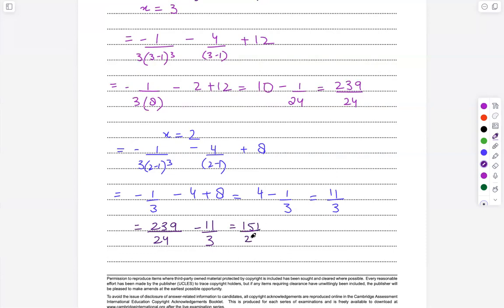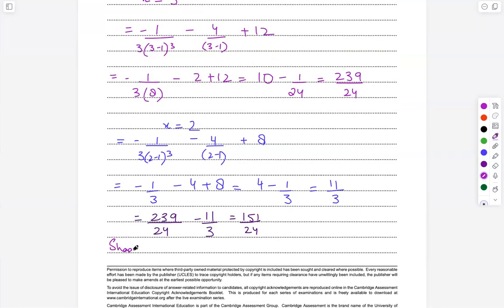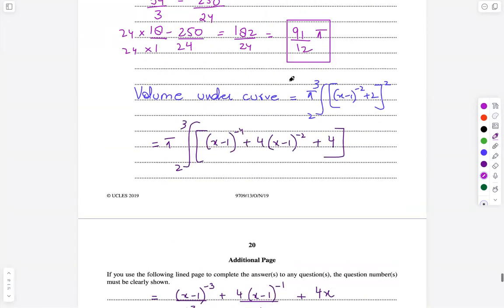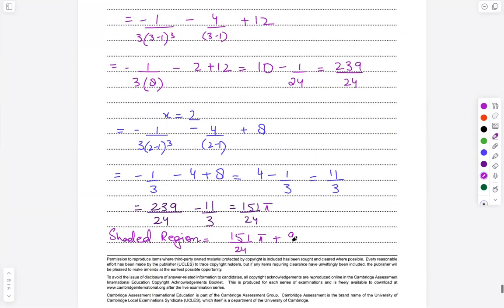And once we have this answer, we can find the volume of the shaded region by adding the volume under the line. So the shaded region will have a volume of 151, and we'll have to add a pi over here. So 151 upon 24 pi plus the volume under the line, which was 91 over 12 pi.